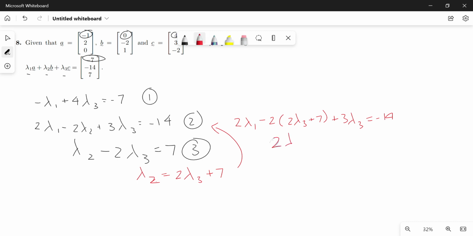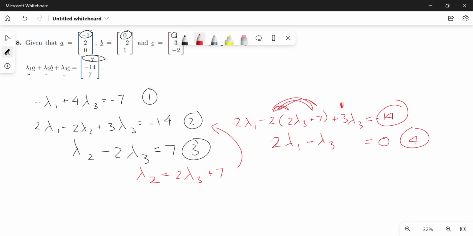Then lambda 3's, I'm going to have -4 and then plus 3, so -1 lots of lambda 3's. I'm going to have -14 here, but I've already got a -14 on this side, so they're going to cancel each other out, so I'm going to have 0. This is my new equation, let's call it equation 4, after I've used 3 and subbed it into equation 2.